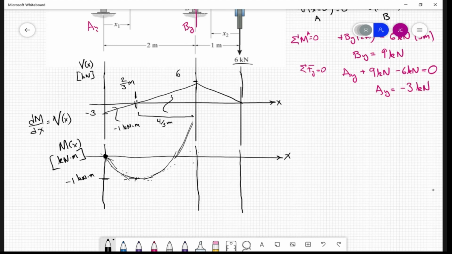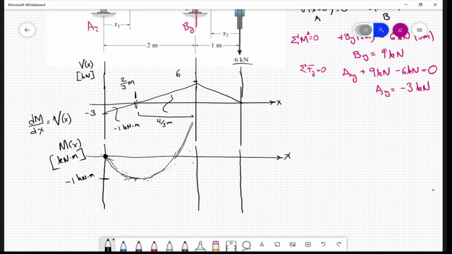4/3 times 6 divided by 2, so it's 4. Yeah, it's 4.